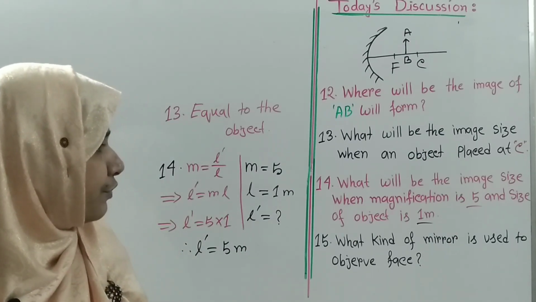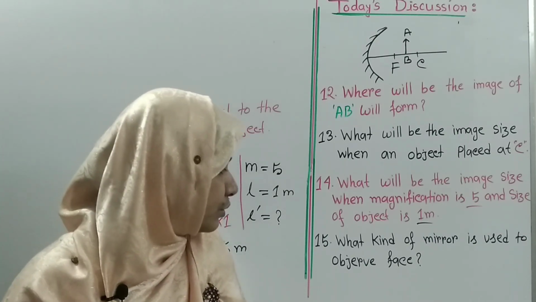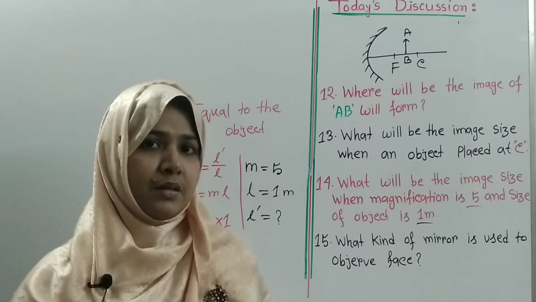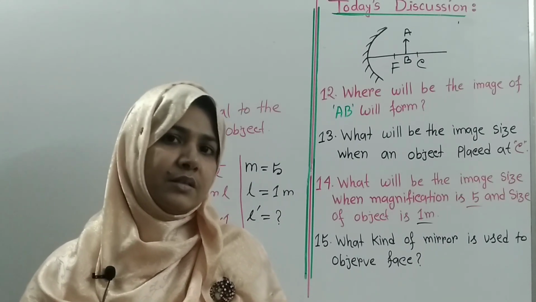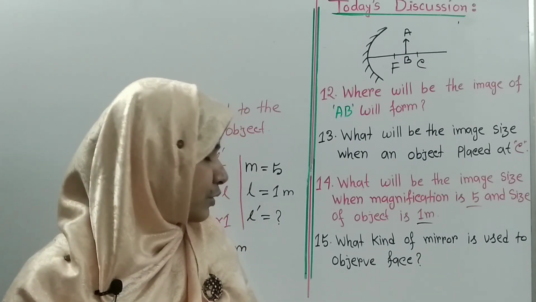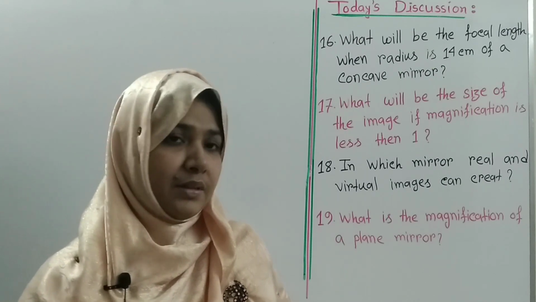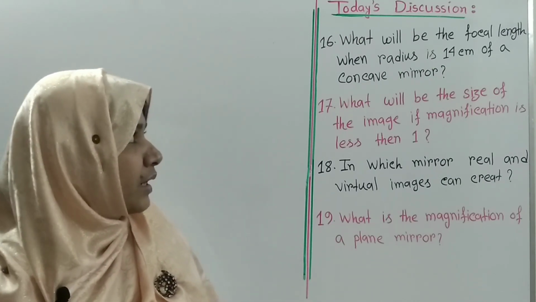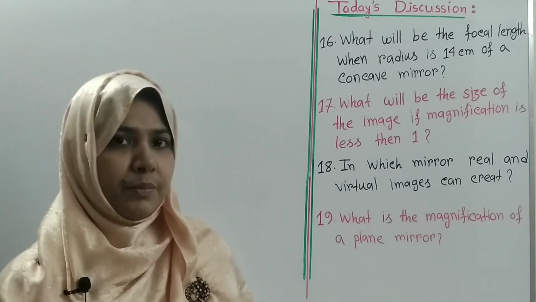Now question 15. What kind of mirror is used to observe face? Very common question. You all know that plane mirror is used to observe face. So the answer of question 15 is plane mirror. 16. Question is what will be the focal length when radius is 14 centimeter of a concave mirror?